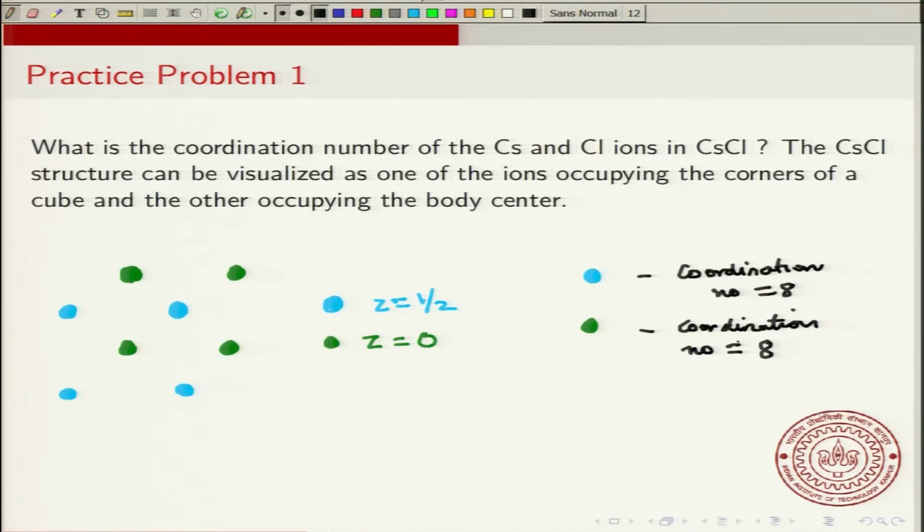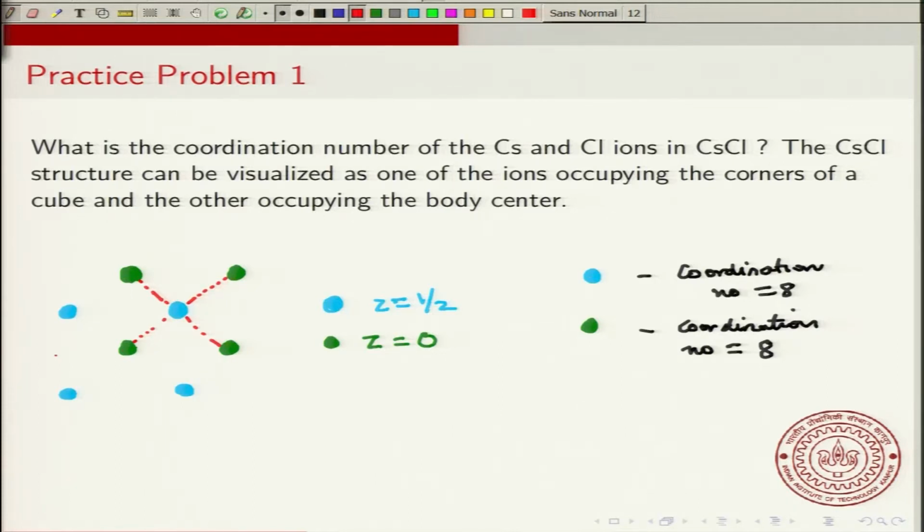I just want to make a little observation. We have defined the coordination number as the number of nearest neighbors, and notice that for the blue ions, which could be cesium or chloride, the nearest neighbors are the green ions, and for the green ions the nearest neighbors are the blue ions.